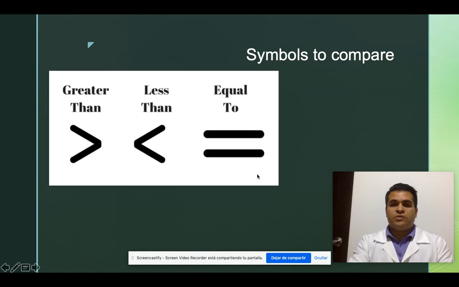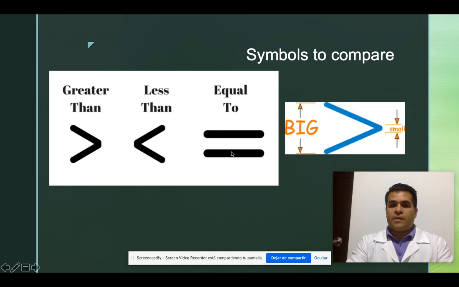Here, symbols to compare. Okay, when we are going to compare fractions or anything, we use three symbols. The first symbol is greater than, the second is less than, and the third is equal to. When you use greater than, here you put the bigger number, and here you put the smaller number.